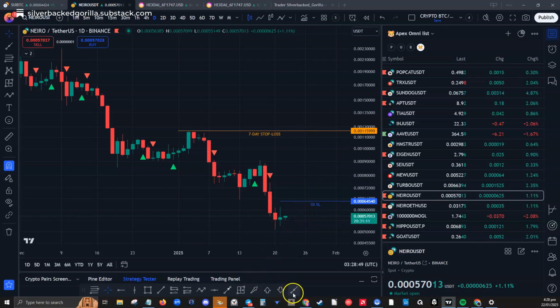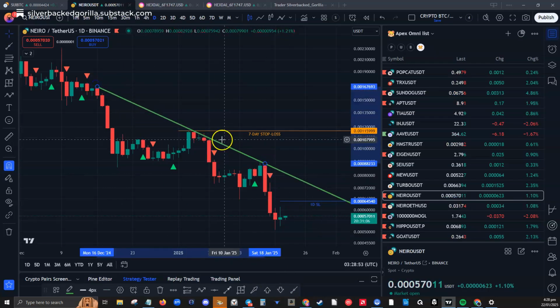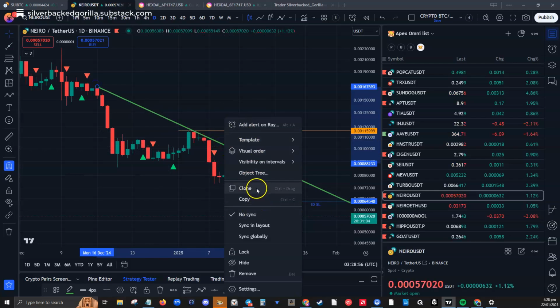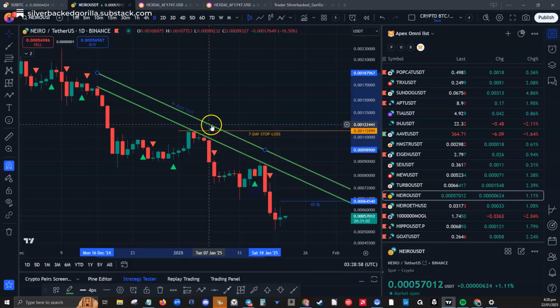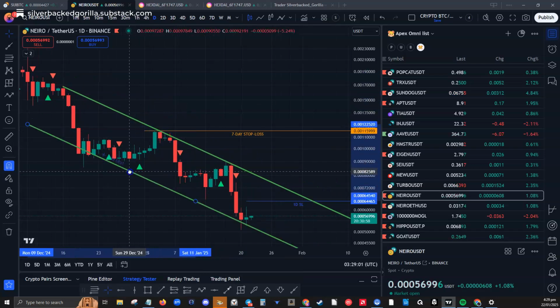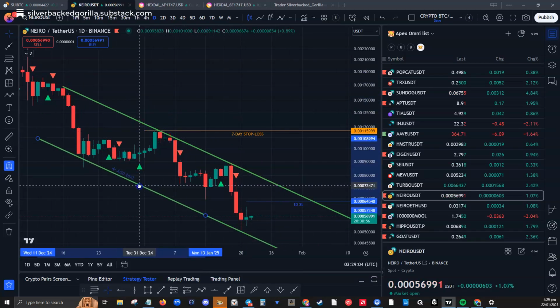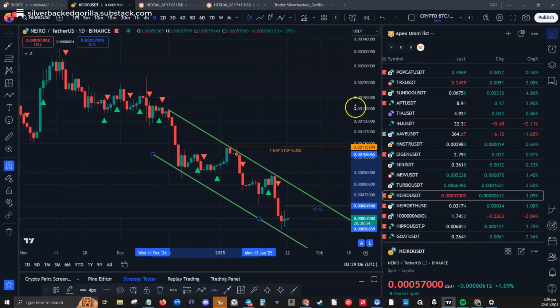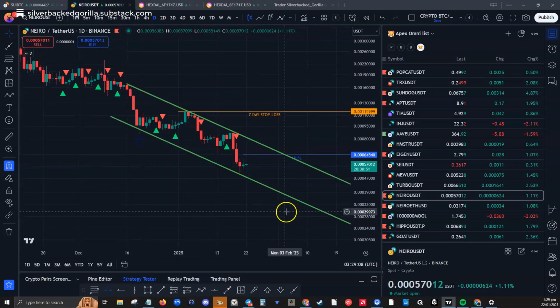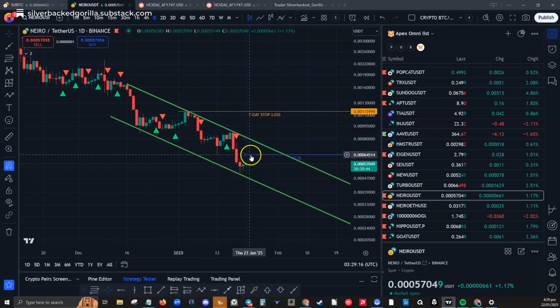If we look where we've been, I'm just trying to frame what it looks like, as far as the structure. If we have a continuation of this, it could do anything from here, but if you're going to set up a stop here, you just get stopped out as it's on its way to here to retest this somewhere along here.